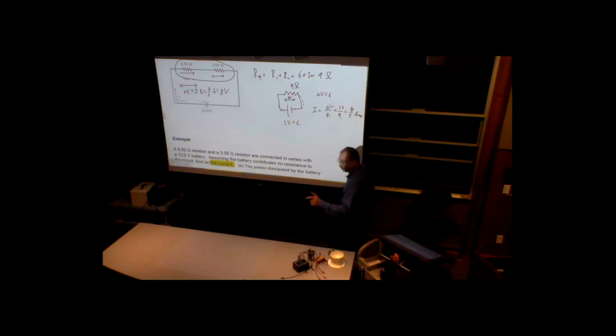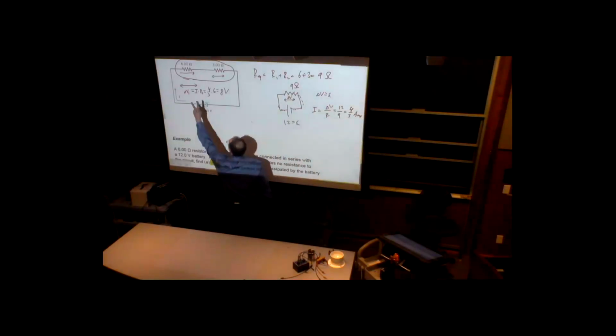Now we have a choice. If we want to calculate this voltage, we actually have 2 different ways to do that. First of all, we know that if we have 2 elements in series, this voltage plus this voltage should be 12. So 8 plus something is 12.